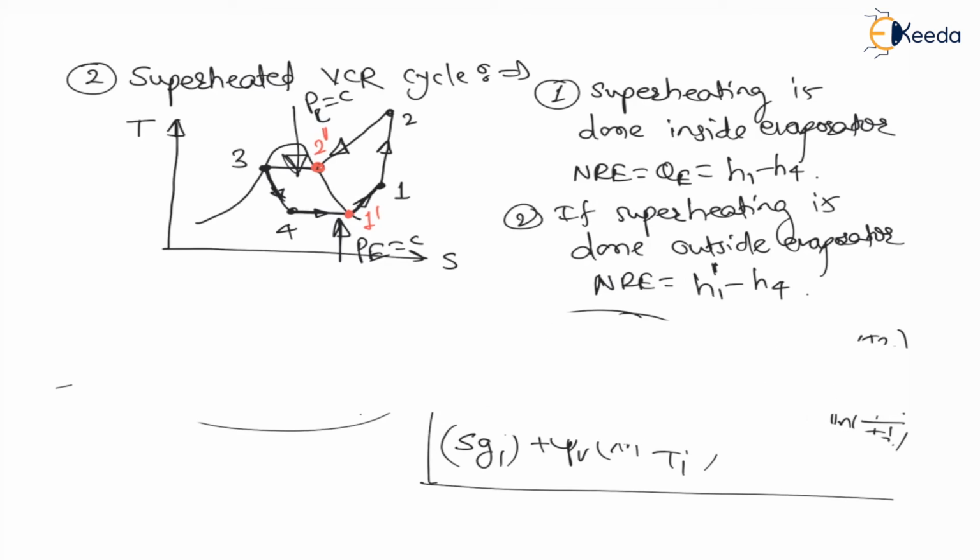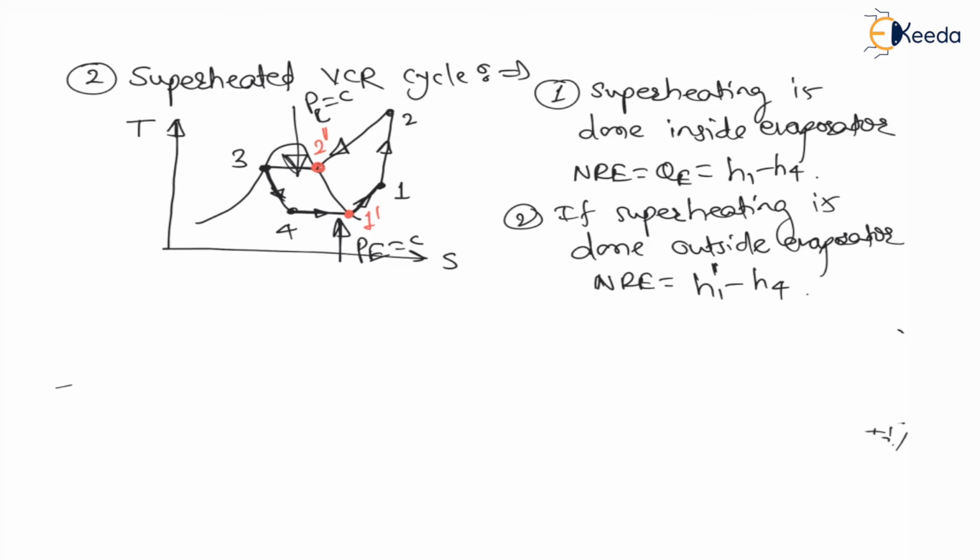If I find enthalpies at various points, let us say to find H1, H1 is more than H1 dash, that is Hg at evaporator pressure, that is Hg1 at evaporator pressure, plus from 1 dash to 1 this enthalpy we have to add Cp of vapor times T1 minus T1 dash.